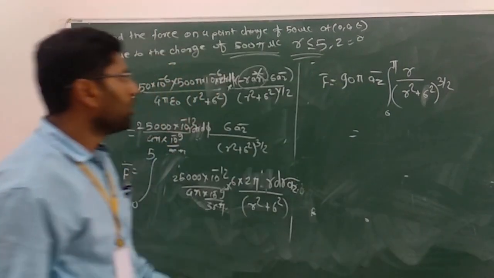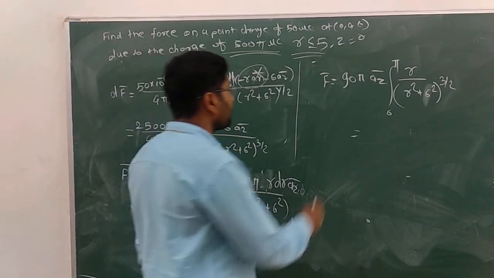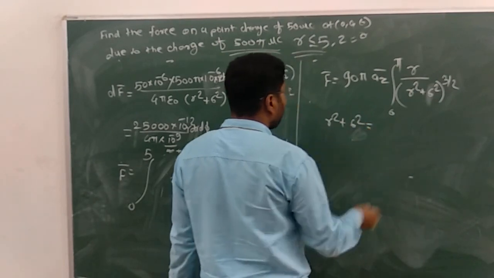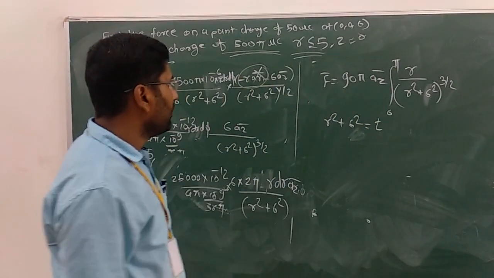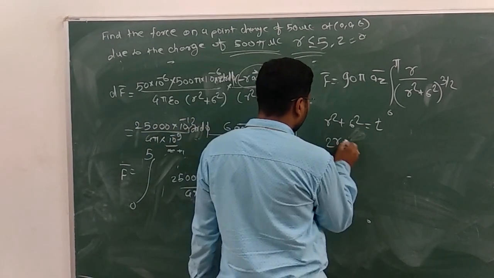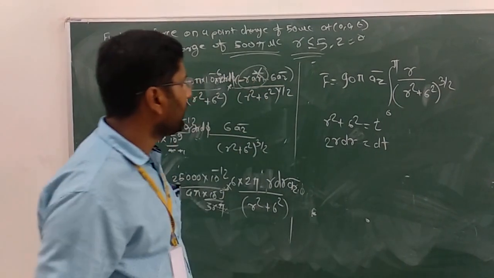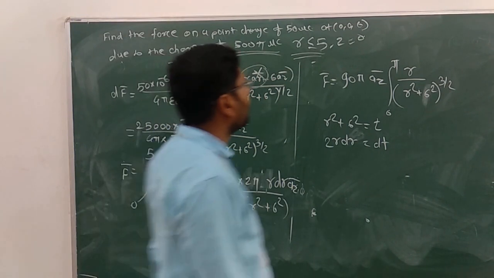Now you have to do these calculations by putting limits. Take r square plus 6 square as t, and you have to find 2r dr is equal to dt.